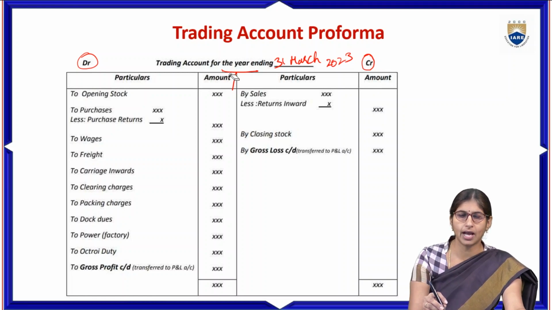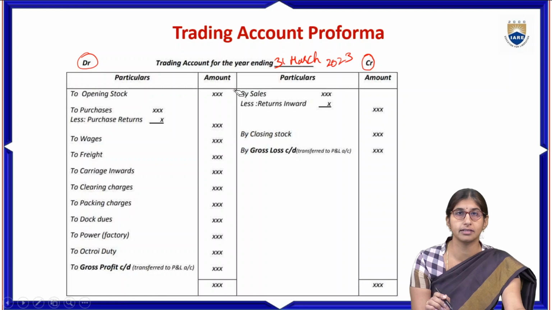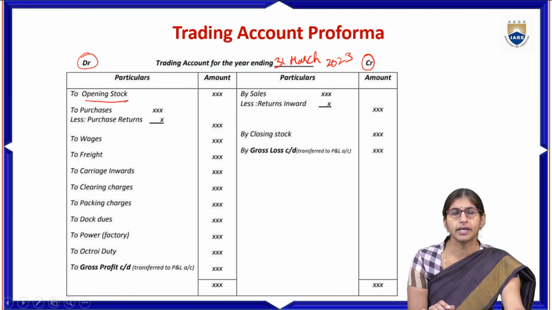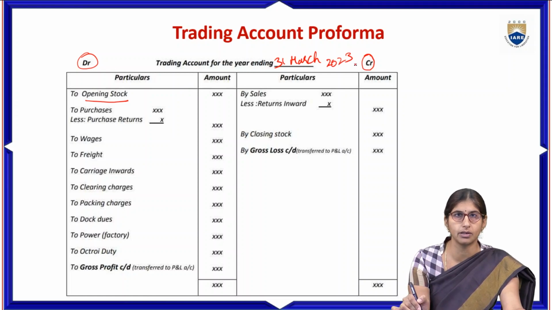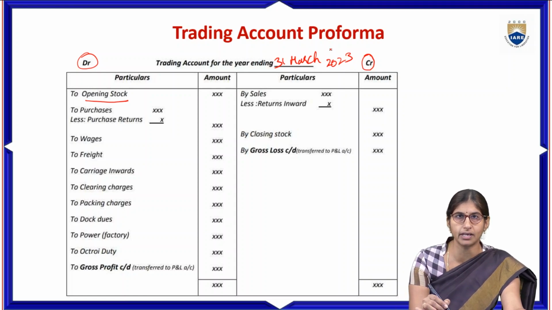Now coming to the items which are going to fall under the debit side of the trading account, we shall understand. Coming to the first item, to opening stock. Opening stock is the amount of stock which is left over from the previous year. We are preparing this for 31st March 2023. That means when did we start this account?